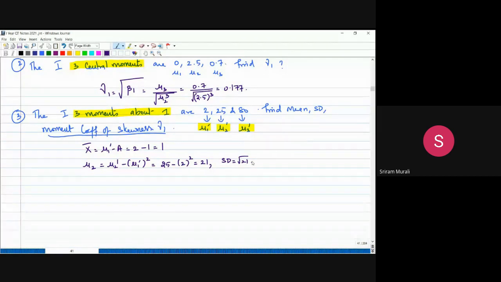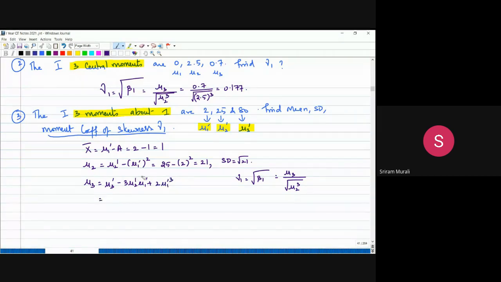We want to find the moment coefficient of skewness gamma 1. To find gamma 1, what is the formula? Gamma 1 we already found. Gamma 1 is equal to square root of beta 1, which is equal to mu3 divided by square root of mu2 squared the whole cube. So we want mu3. What is mu3? Mu3 dash minus 3 times mu2 dash mu1 dash plus 2 times mu1 dash the whole cube.